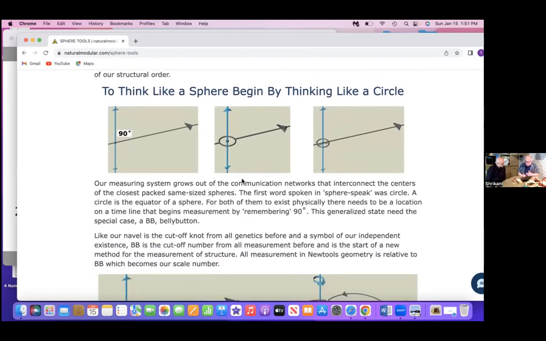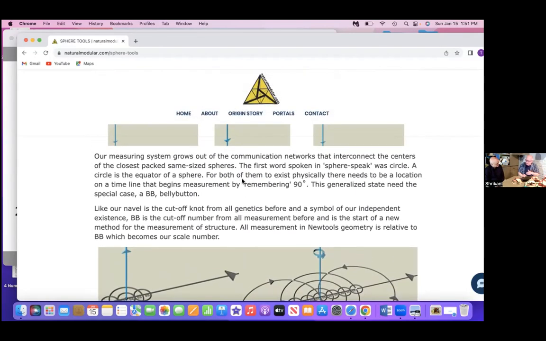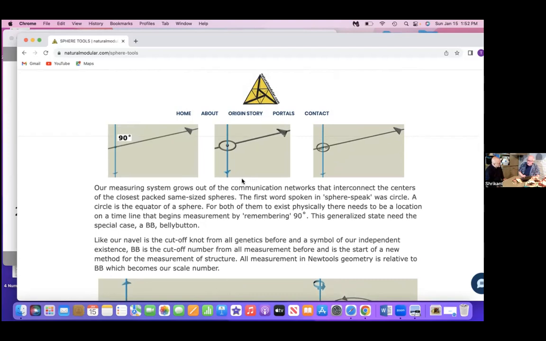Then when we get into circles, there's something I call sphere speak. The closest packing of spheres is a fundamental structural constant, this ability of spheres of the same size to pack together in their most effective, minimum manner. So I come up with an origin story.